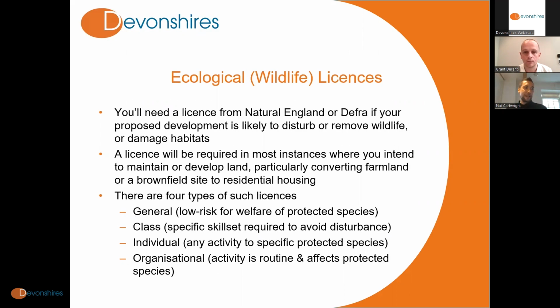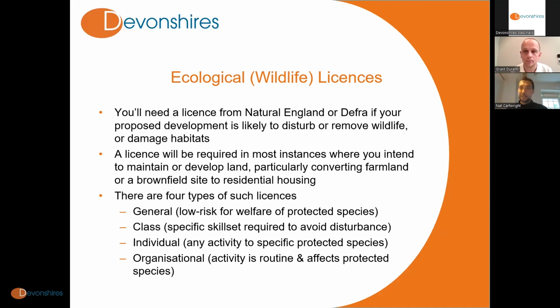And then there will also be individual licenses, which will apply just to a very specific protected species. So there's a bat mitigation license, for example, if you're planning on redeveloping an area where there are currently protected species of bats, and if that's going to disturb their natural habitat, then you'll need to enter into a license, which will have a whole list of provisions setting out how you can mitigate any interference or disturbance.